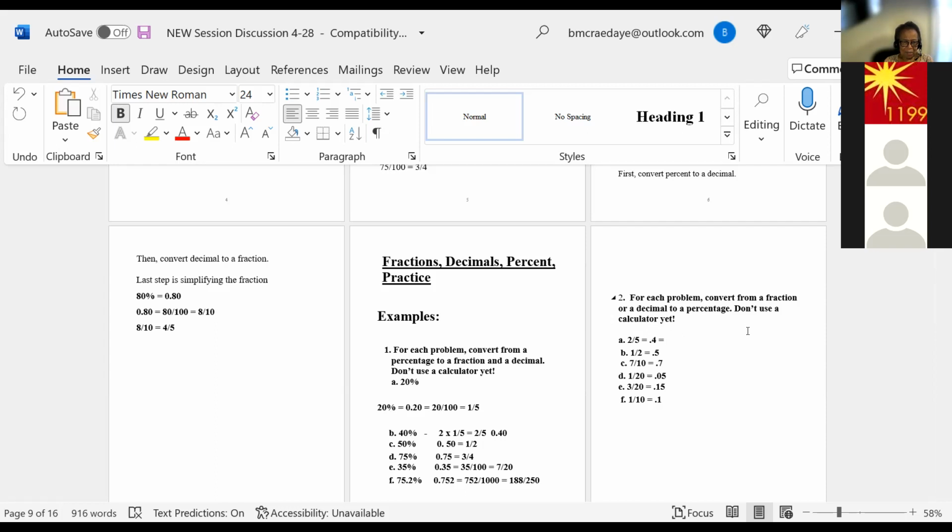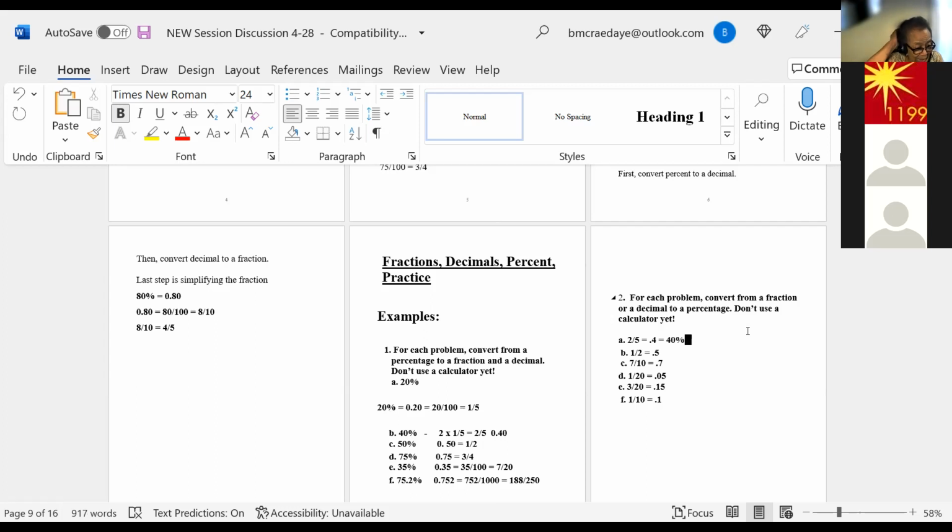2 over 5. The decimal I gave you is 0.4. So what would it be as a percent? Multiply the decimal by 100. What do you get? 40%. Percent.